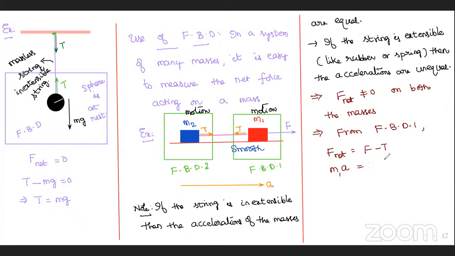So m1 a equals F minus T. I'll take this as the first equation. Now come to the FBD of 2.